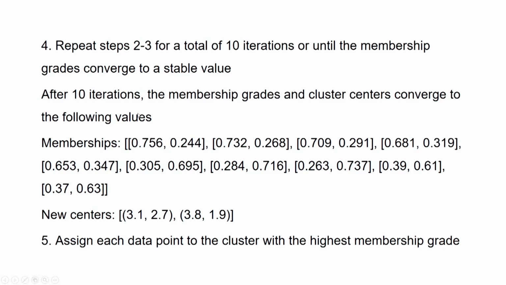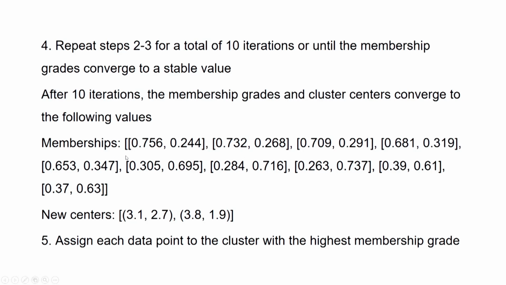After 10 iterations, suppose these are the membership values for all data points for these two clusters, and these are the new centers of the two clusters. Here we stop after 10 iterations, but our final result should be the actual two clusters, not the membership values.